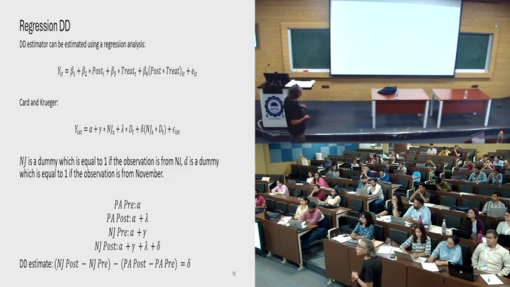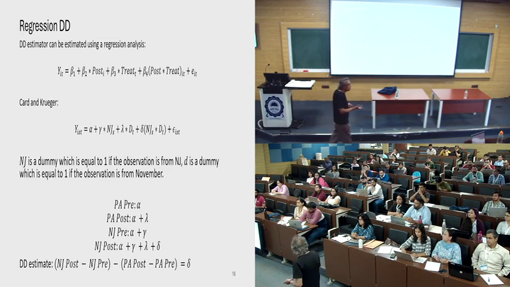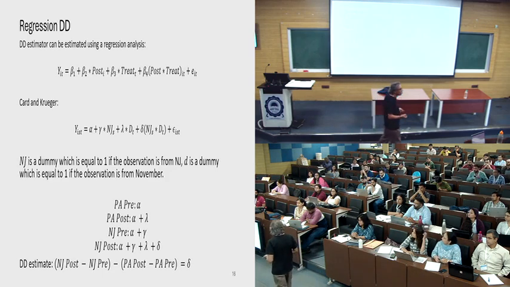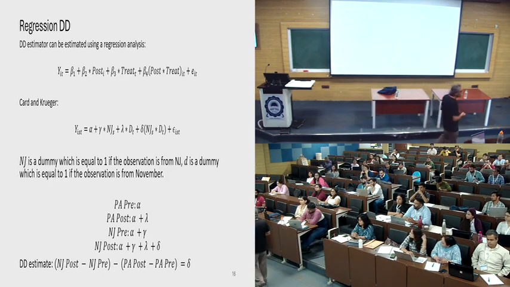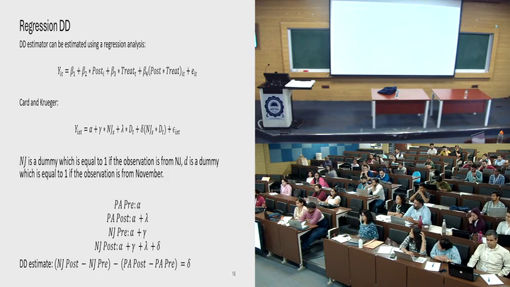Gamma. What is the interpretation? That is nothing but everything else 0. Then you can think of gamma as, if you belong to New Jersey, what would be your outcome? Lambda is, again, pre and post.